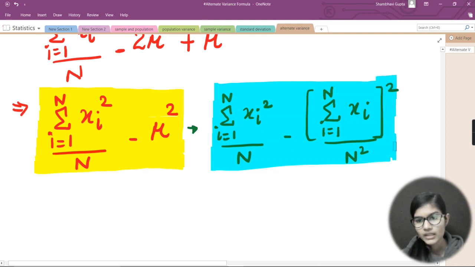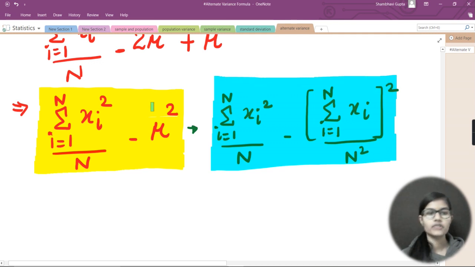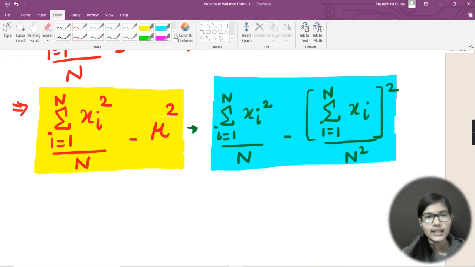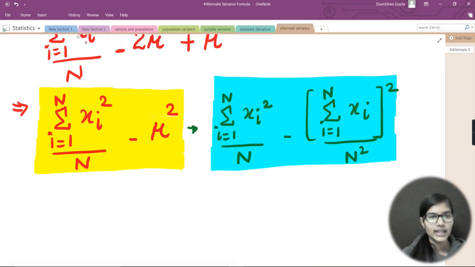Okay. So now what are the two formulas which we have seen today? The first formula was sigma i equals 1 to n of xi square upon n minus mu square. So this was the formula.